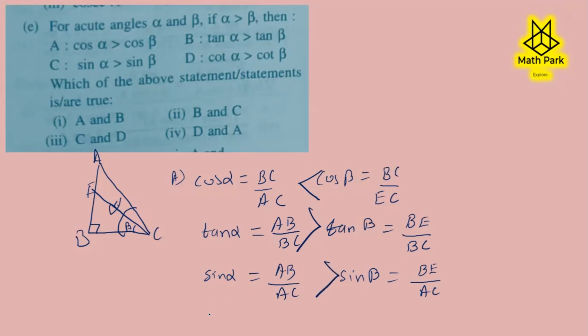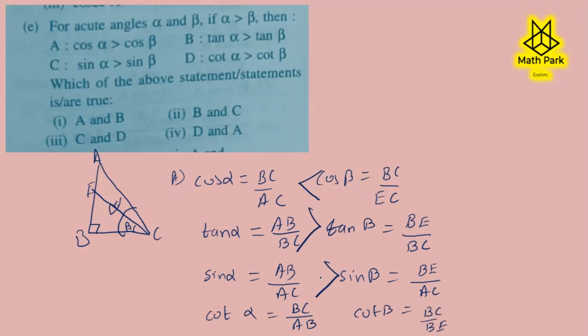The next ratio we have cot. So cot of alpha is adjacent upon opposite, sorry, BC upon AB. It is just the reciprocal of tan, and cot of beta is equal to BC upon BE.